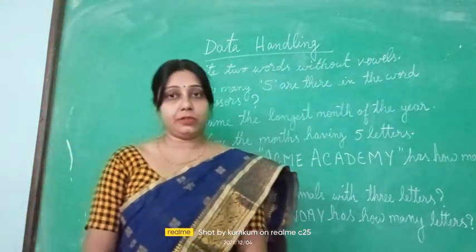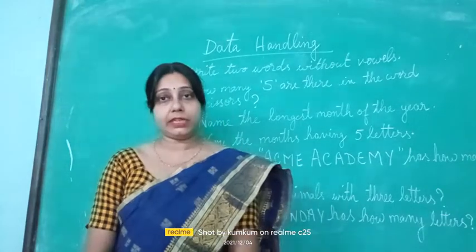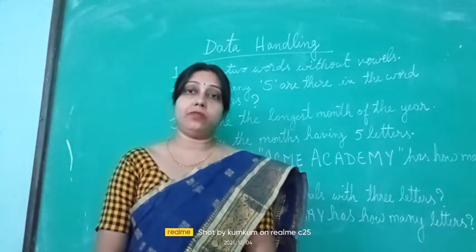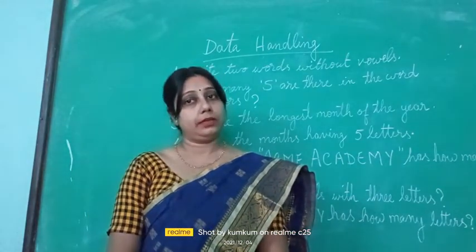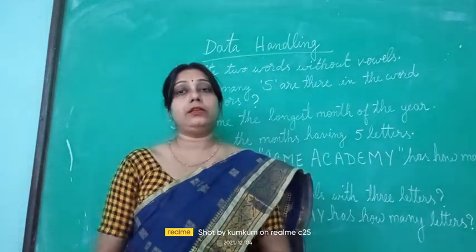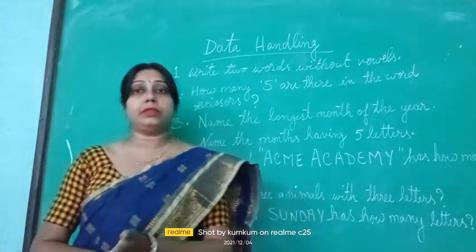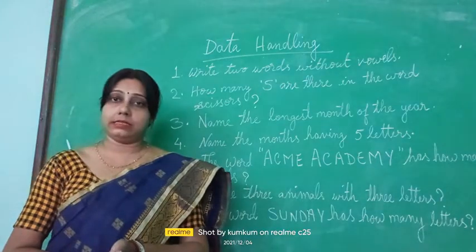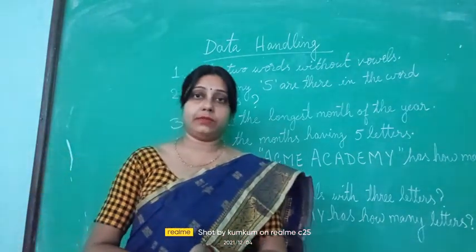In my previous video, I explained the meaning of data and how to collect information from the given question, and from there how to take out the answer to the respective questions.